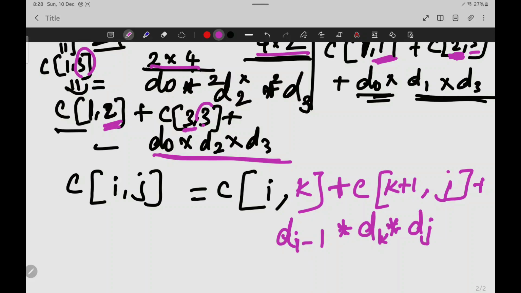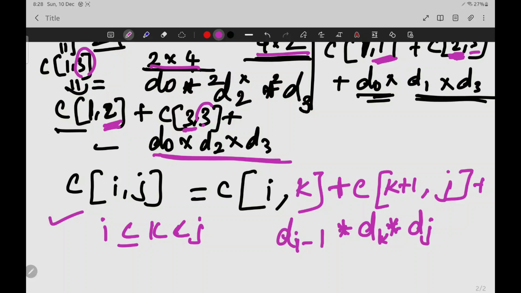So this is the general formula which helps us find the total number of multiplications, whatever the matrices given. Whether n is equal to 4 or n is equal to 5, by using this formula we can find the final combination and the final total number of multiplications.